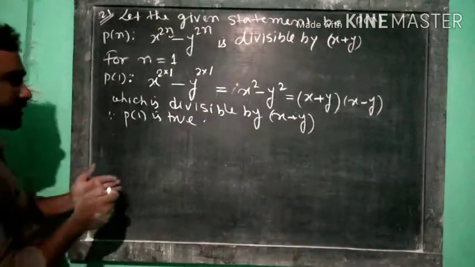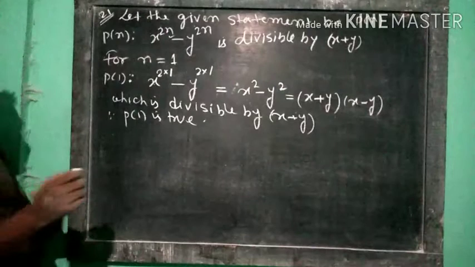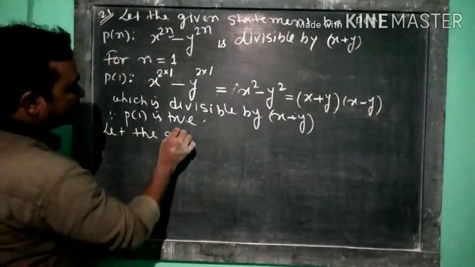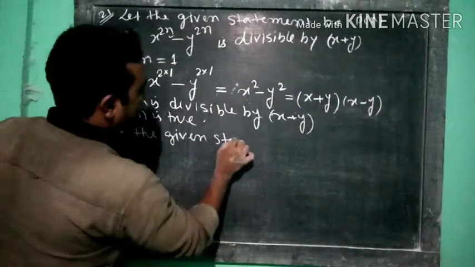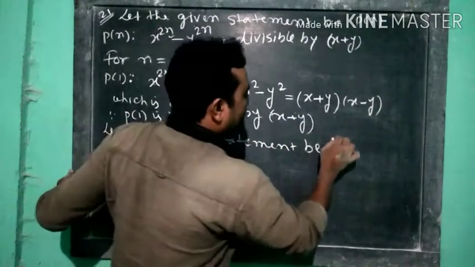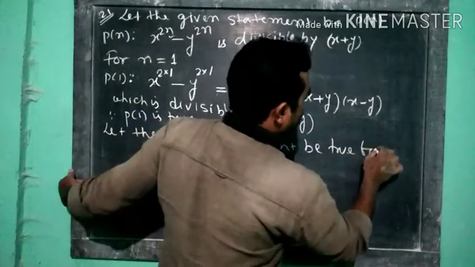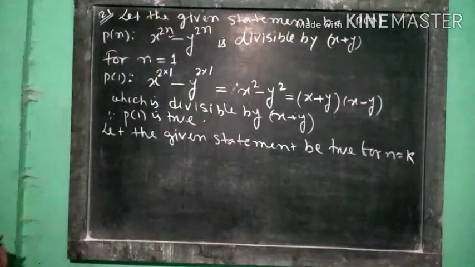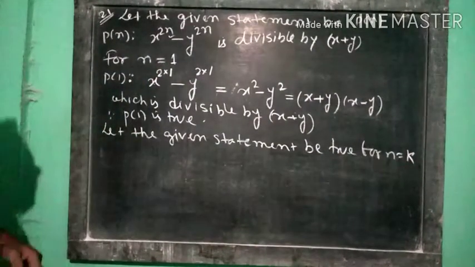Step number 2: we have to remember that step number 2 was, let the given statement be true for n equal to k. We assume that the statement is true for n equal to k.